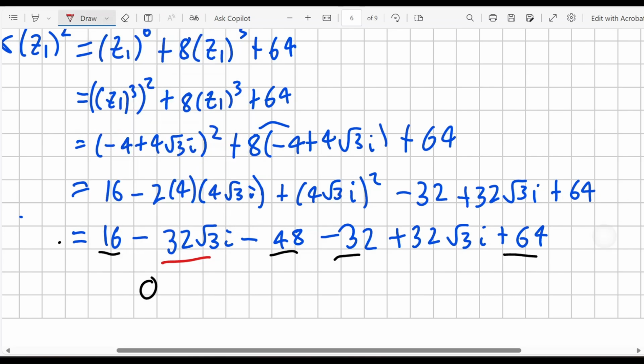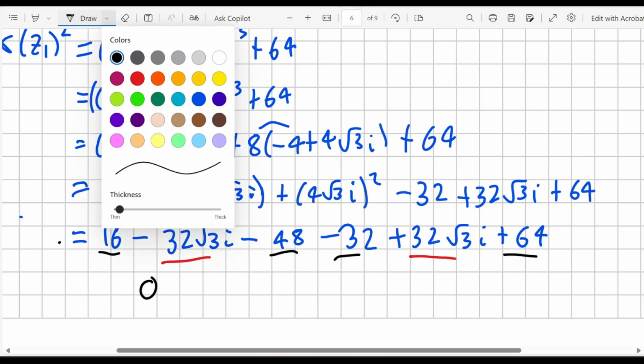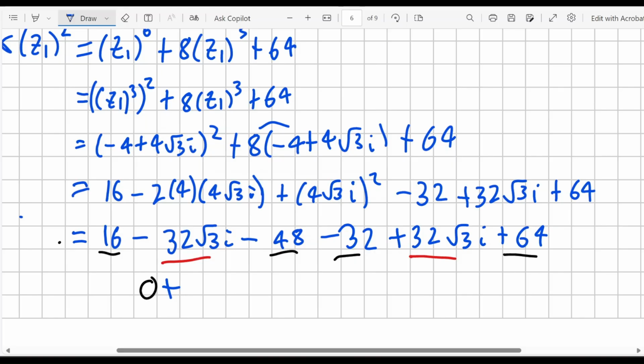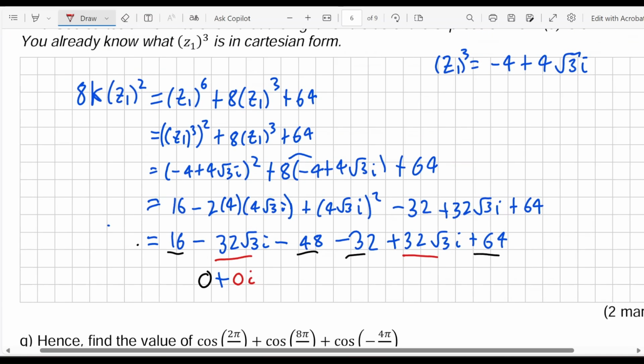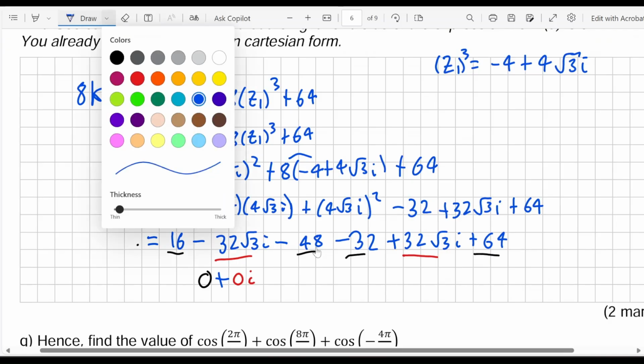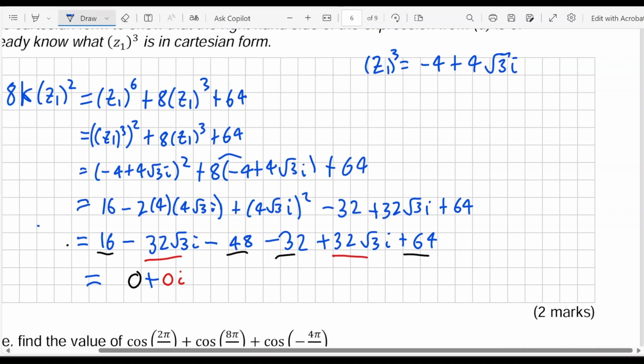So the imaginary bits will also cancel out as well. 0 plus 0i. Beautiful. So it's 0.